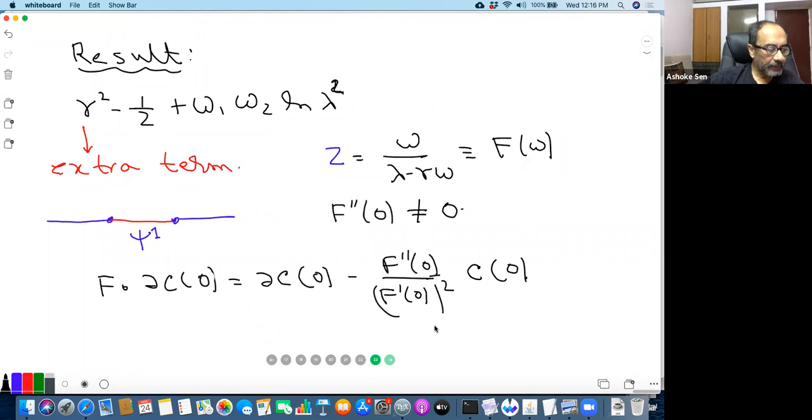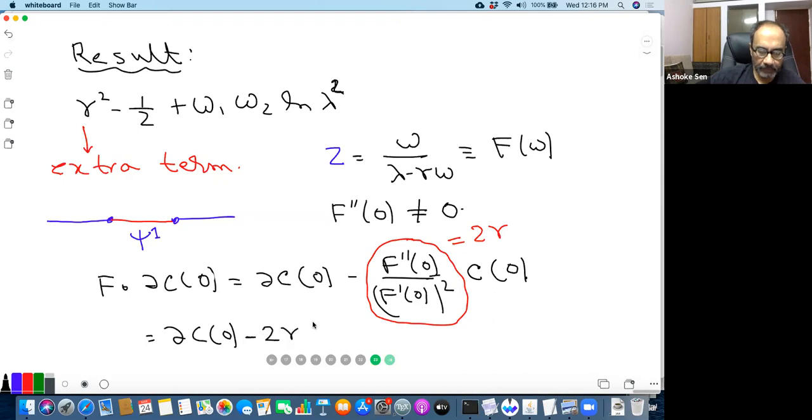This turns out to be 2 gamma. So this quantity you can easily calculate is 2 gamma. So what you have is del c of 0 minus 2 gamma c of 0. So this is what you have to now insert at the origin.